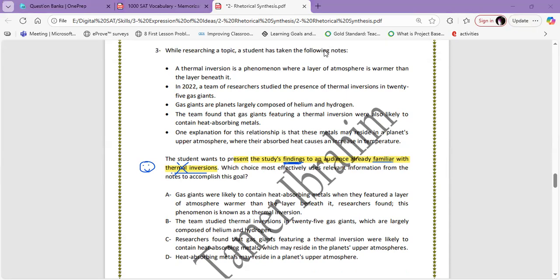I got the answer from Luma. Waiting for the rest. I need the findings. I got the answer from Hamza. I need the findings, but don't talk more about thermal inversion.